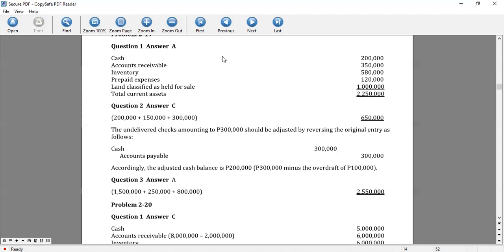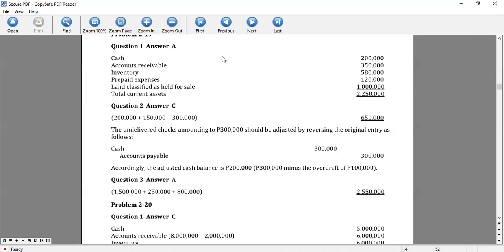Then we have accounts receivable, inventory, prepaid expenses, land held for sale, property, plant, and equipment, net, accounts payable of 200, accrued expenses of 150, share premium of 250, share capital of 1.5 million, and retained earnings of 800,000.